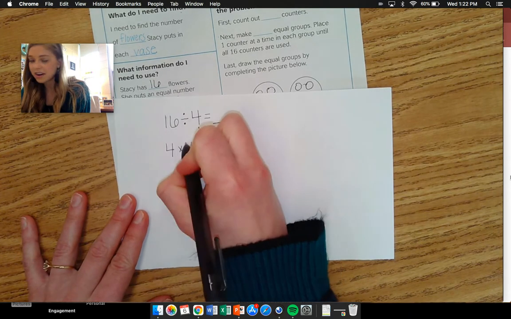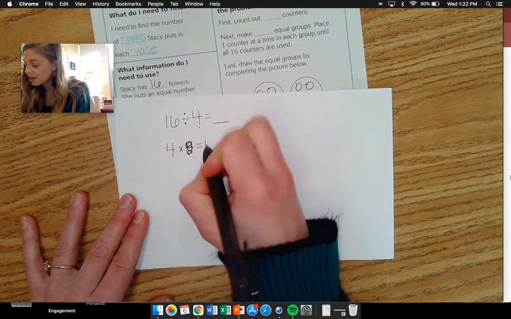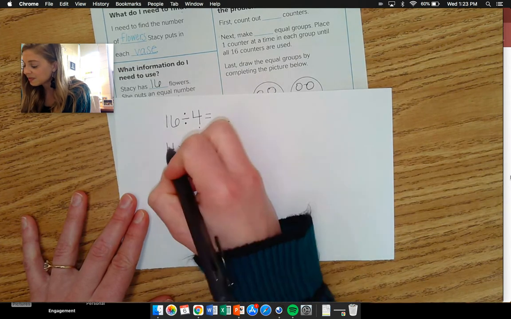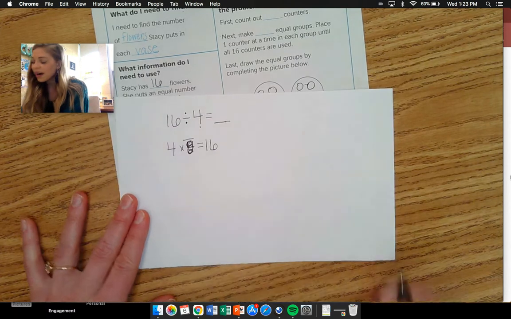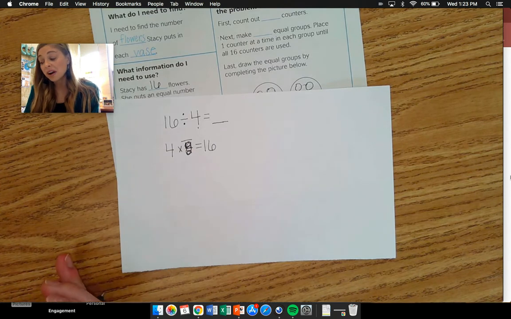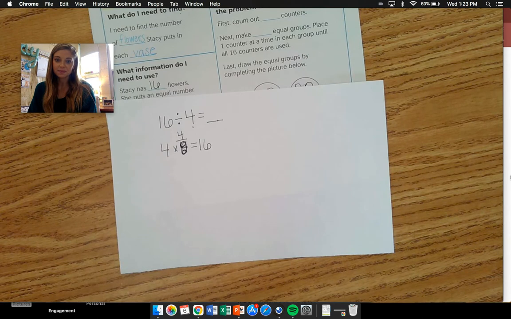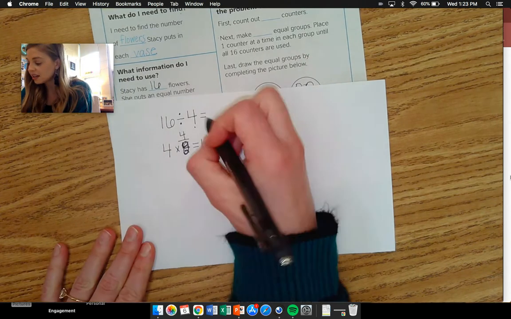Oh, I already said the answer there. Oh no, well now you already know. It was basically 4 times what equals 16? Miss Johnson made a mistake, and I already told you that it was 4, right? 4 times 4 equals 16. So the answer should be 4.